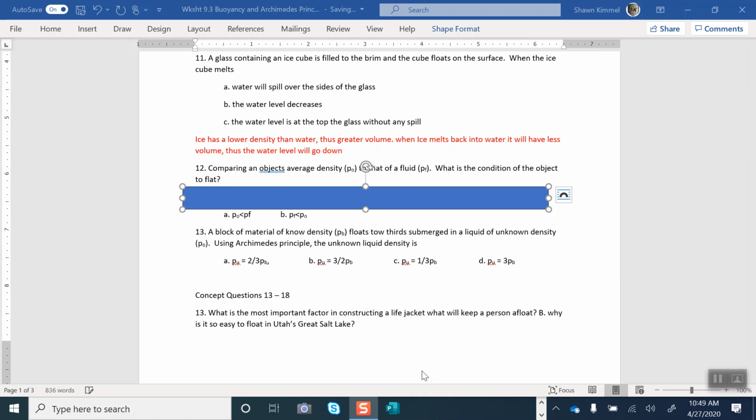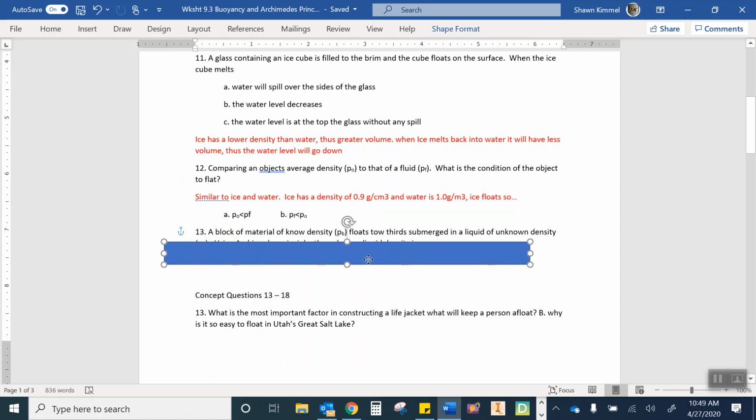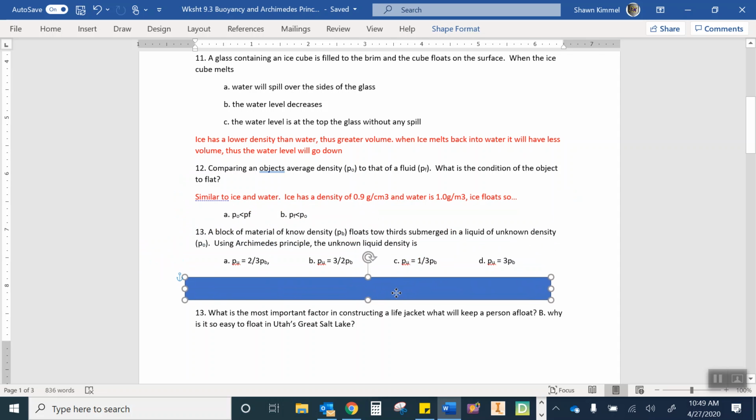So let's look at number 12. Comparing an object's average density, rho naught, to that of a fluid, rho F, the density of the fluid, what is the condition of the object to float? I'm just going to take a look at a simple example, similar to ice and water. Ice has a density of 0.9 grams per cubic centimeter, and water is 1 gram per cubic centimeter.